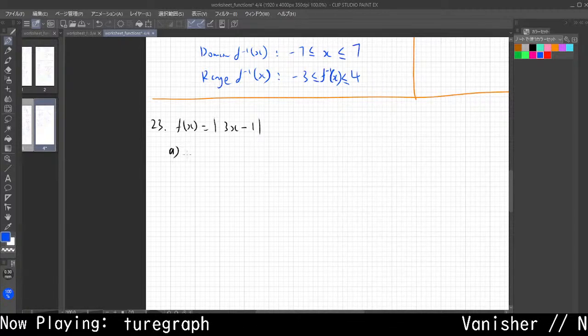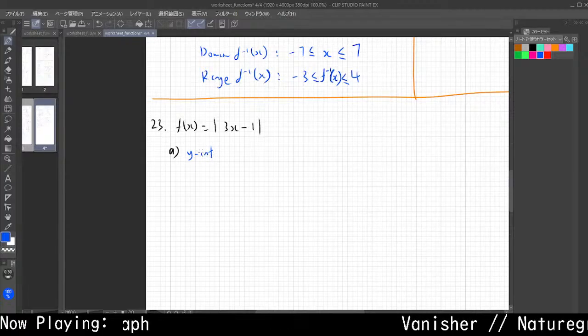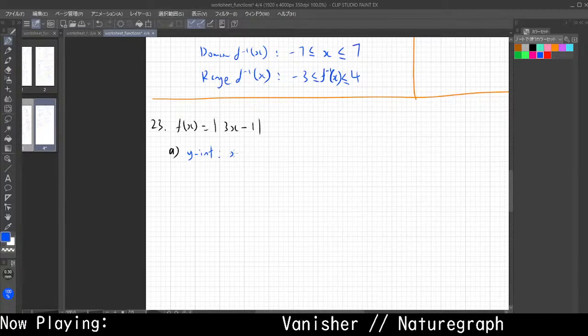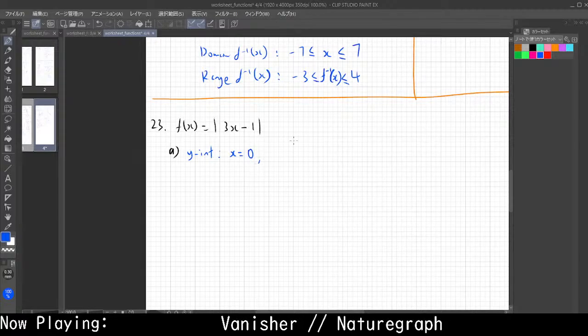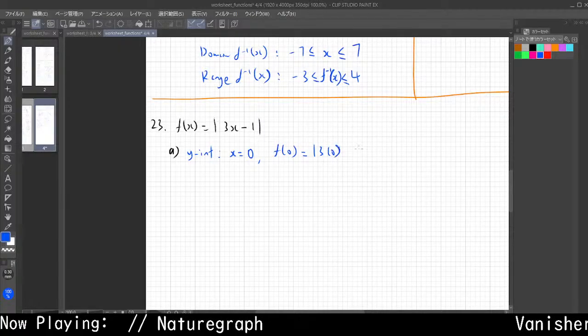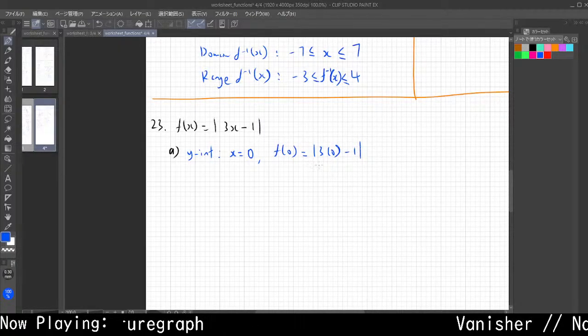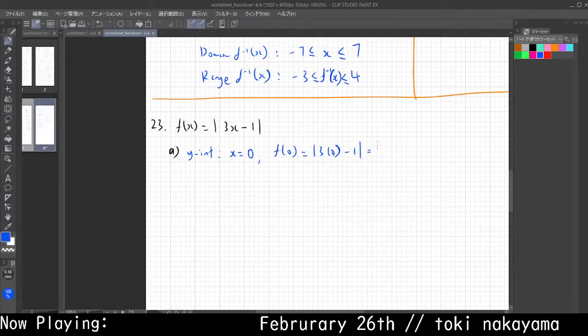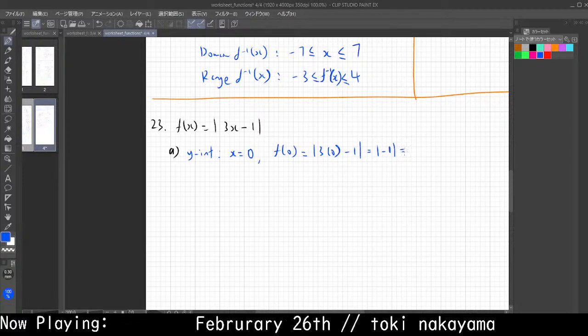The y-intercept is when x equals 0. So f(0) equals the absolute value of 3(0) minus 1, which is the absolute value of negative 1, which equals 1.